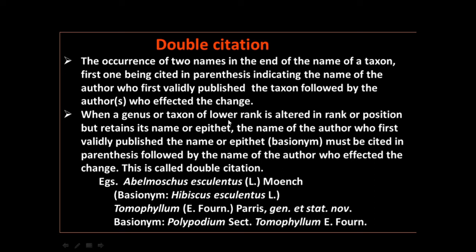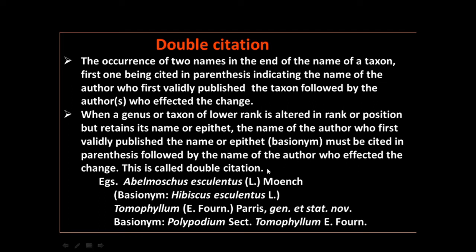When a genus or taxon of lower rank is altered in rank or position but retains its name or epithet, the name of the author who first validly published the name or epithet, that is the basionym, must be cited in parenthesis followed by the name of the author who effected the change. This is called a double citation.